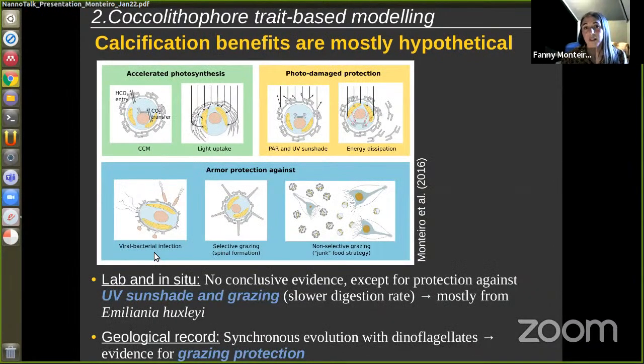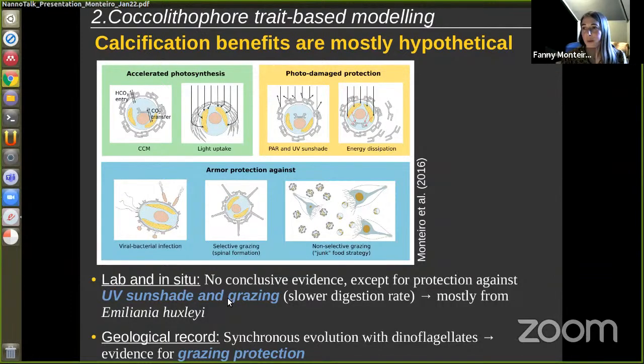Then we looked at the benefits of calcification, and what we found is that they are mostly hypothetical. We identified three different types of benefit: one associated with accelerated photosynthesis, one with photodamage protection, and one with armor protection. The lab and in situ studies didn't have any conclusive evidence except for protection against UV light, the coccoliths providing a sunshade for this UV light.